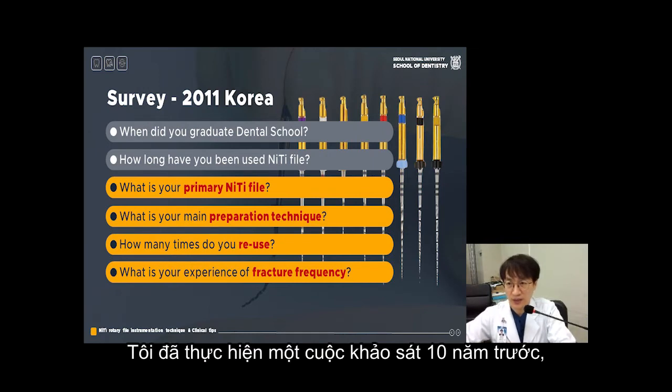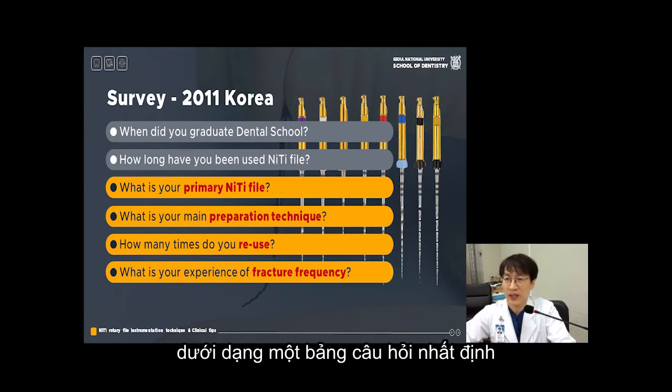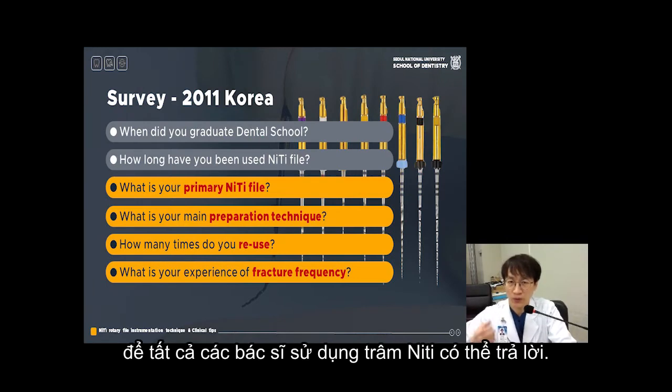So I did a survey 10 years ago, a certain questionnaire, so that all the doctors who use nickel titanium files could answer the questionnaire survey.